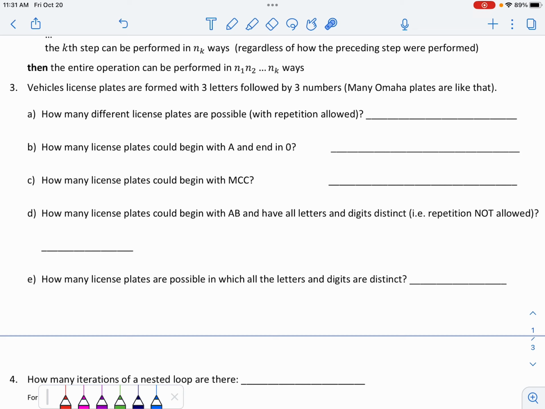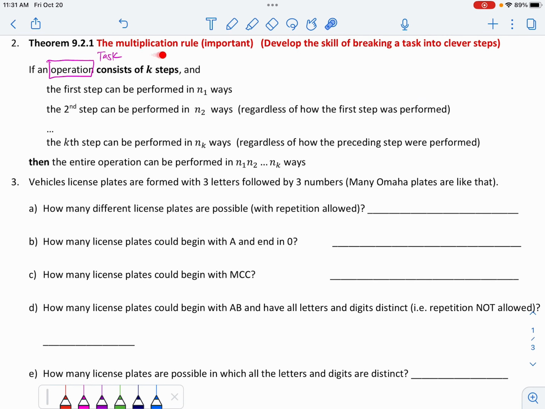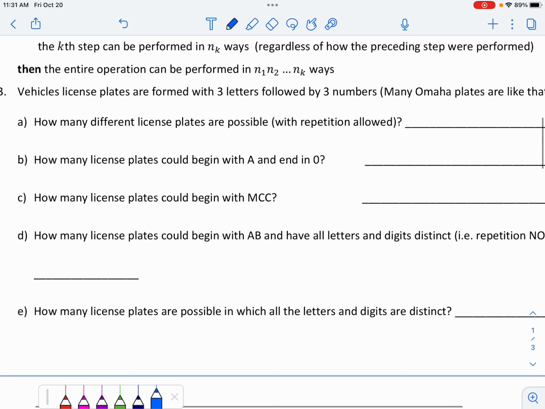Now the first question is how many different license plates are possible with repetition allowed? Okay, so how do we use this multiplication rule to count how many such license plates are possible?